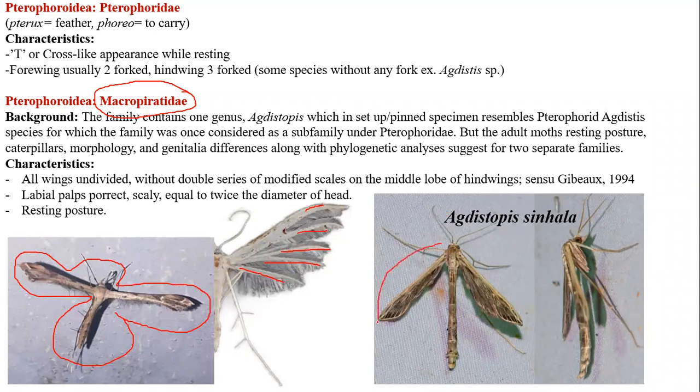So this is the species, and if we find anything like this, then that is Agdistopis singhala, and anything else which does not look like this belongs to family Pterophoridae. I think this is the easy way to identify these two families. However, I have written down several characteristics which are very minute and need to be examined carefully under a microscope. This is why I am keeping those characteristics.